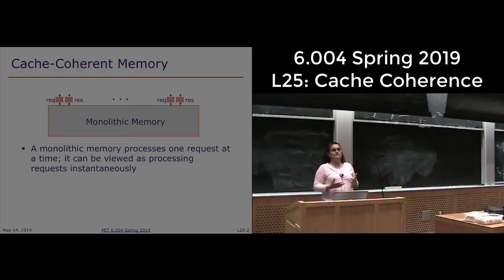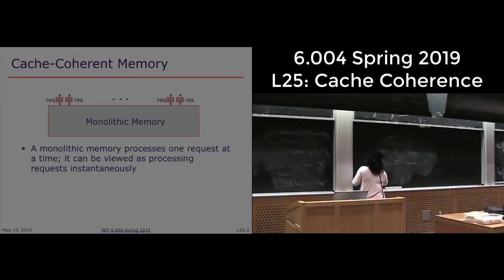So what does that mean? That means that if I do a sequence of memory operations from different FIFOs, I might get a sequence that looks something like: store the value 10 into address 100, followed by, I guess we can stick to store word, store 5 into the same address.